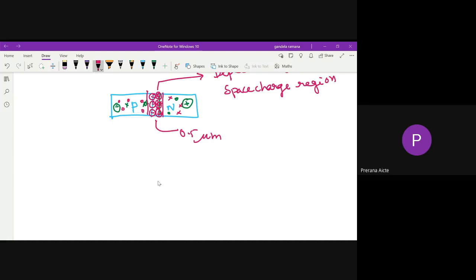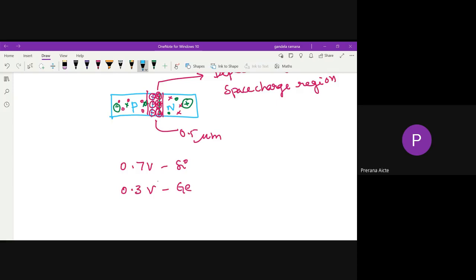Barrier height is not a distance, it is a potential. This barrier height is 0.7 volts for silicon and 0.3 volts for germanium.